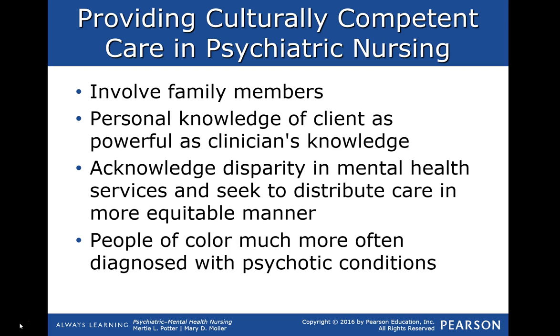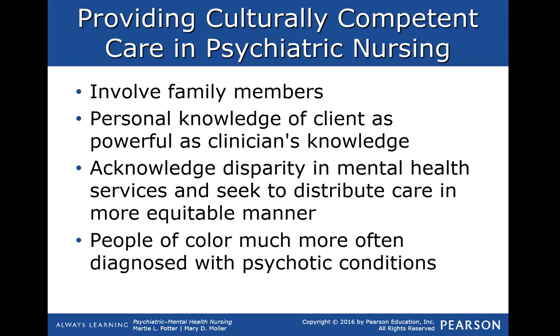And we can't stereotype. Again, that's why people of color are much more often diagnosed with psychiatric conditions. We have to understand that, and we don't want to stereotype as far as that goes. Because mental health disorders are different among whites, different among blacks, different among Asians, and we saw that in that chart.